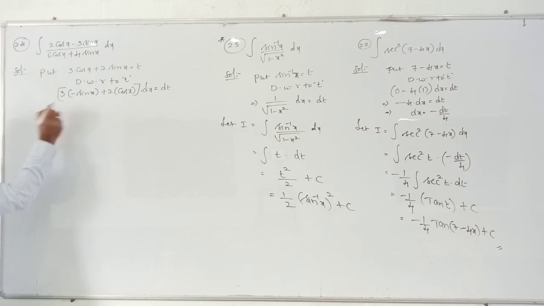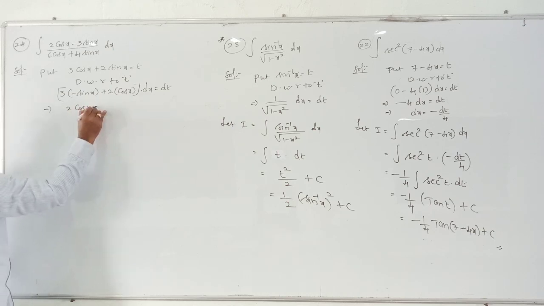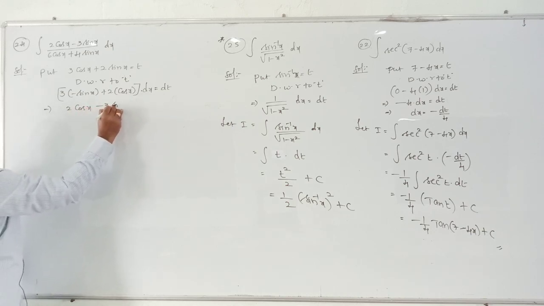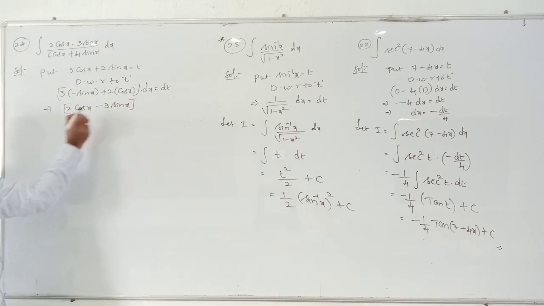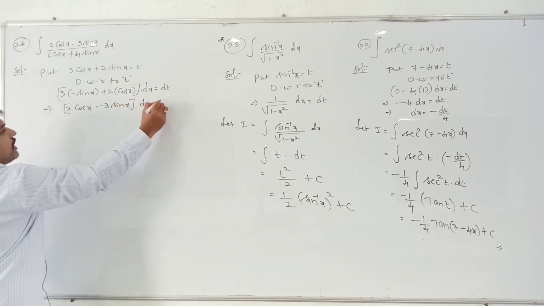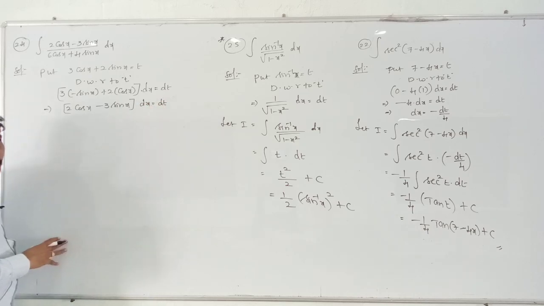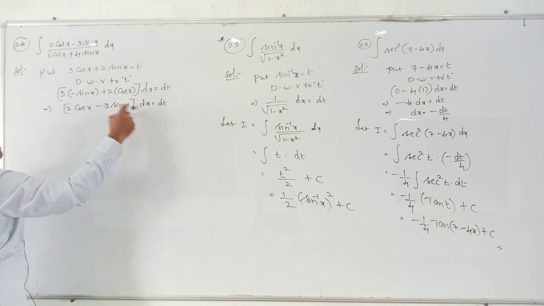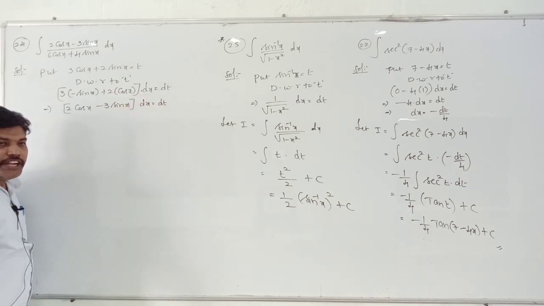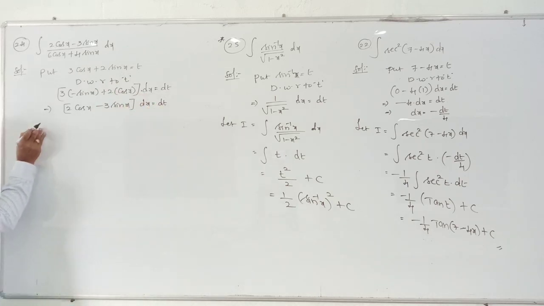So that implies it can be written as 2 cos x minus 3 sin x into dx is equal to dt. So see the numerator, that one, 2 cos x minus 3 sin x into dx. So the total value will become dt only. So what will the problem become?